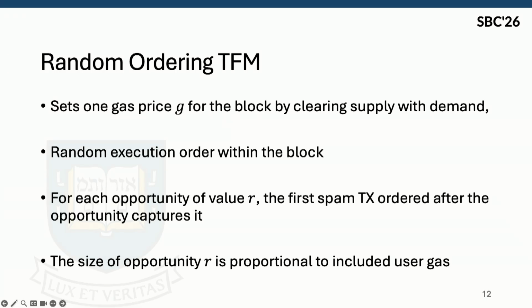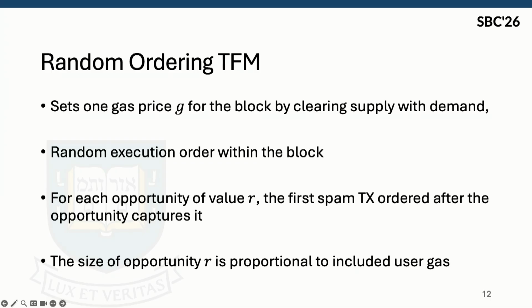Now we can finally analyze something. I'm starting with an easier transaction fee mechanism, which is the random ordering TFM. The TFM will set a gas price G for the blockchain by clearing the supply with the demand. After the TFM settles which transactions are included in the block, every transaction is randomly ordered. So you don't know where you'll be ordered when you submit the transaction, essentially.